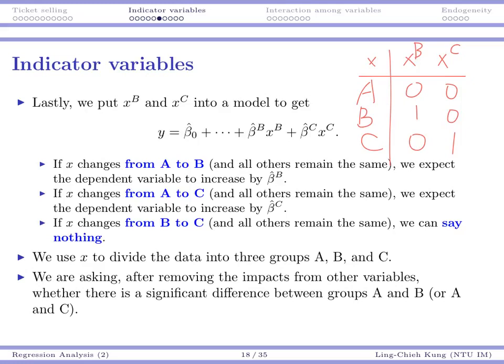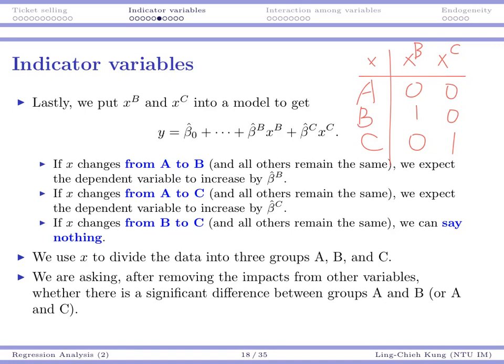So that's the 2 things we can say. Unfortunately, when we adopt this method, we can say nothing about what's going to happen when x changes from B to C. Okay? Because if x changes from B to C, 2 values would change. And these coefficients cannot be combined in any way to tell us what's the expected impact.